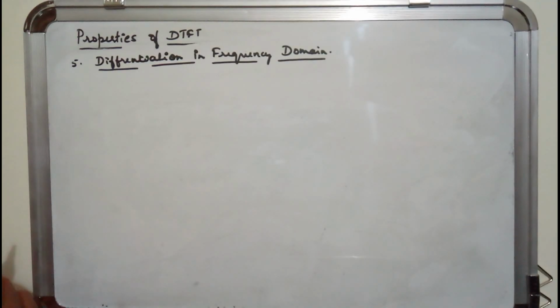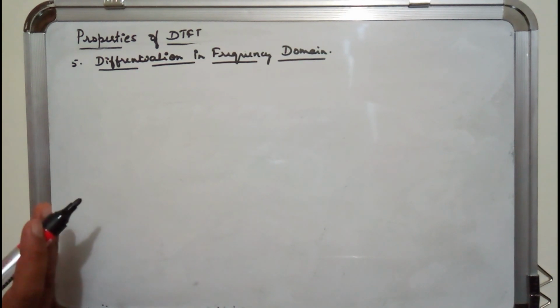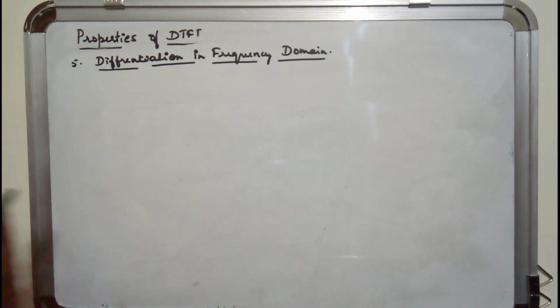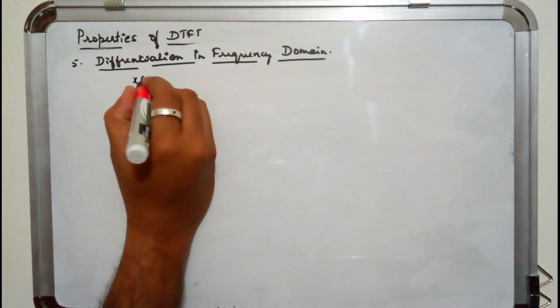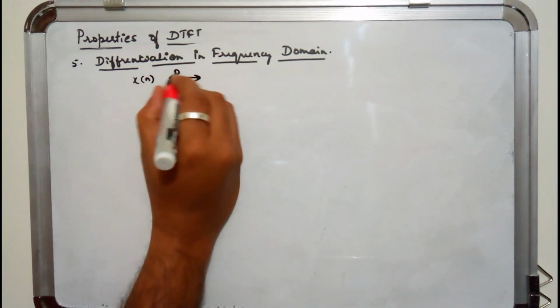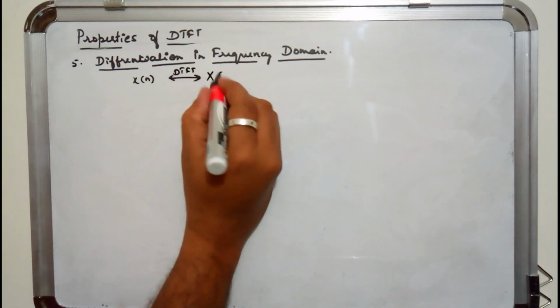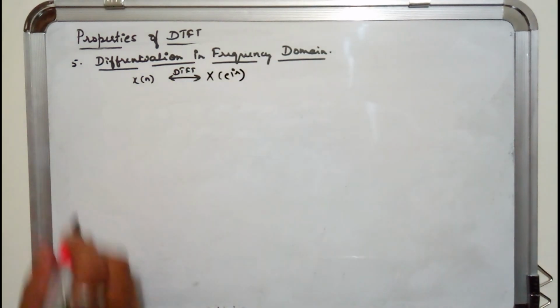Now the fifth property is differentiation in frequency domain, which is again similar to the property which I have solved in CTFT. Now x of n forms a DTFT pair with x of e power j omega.